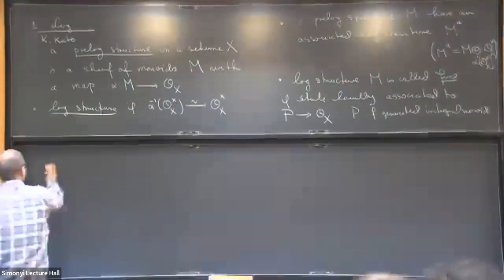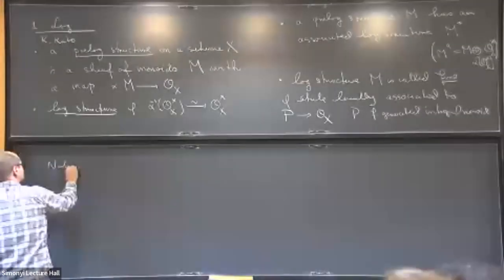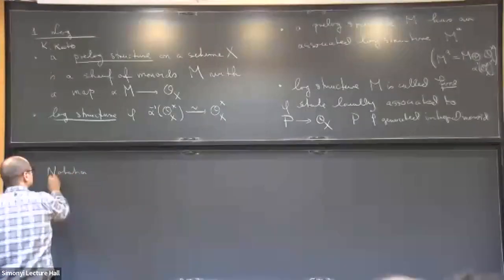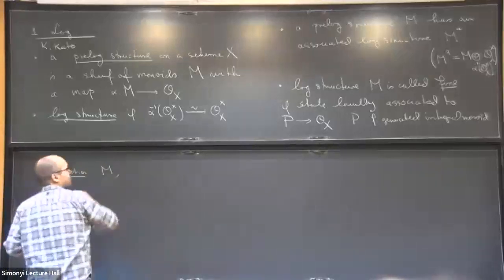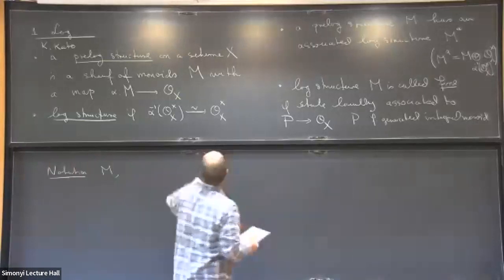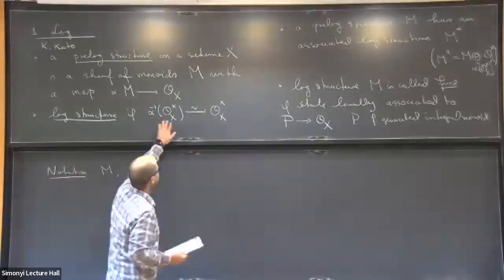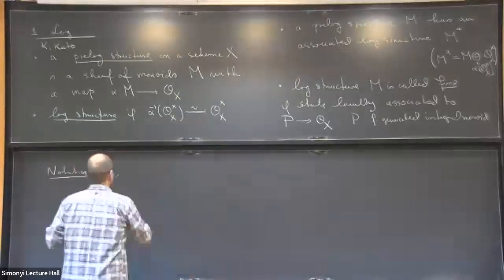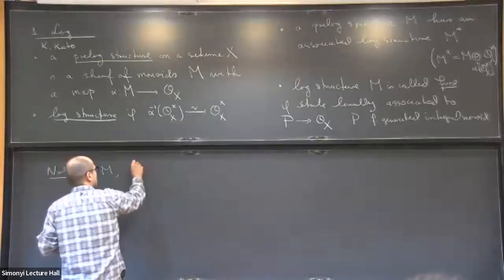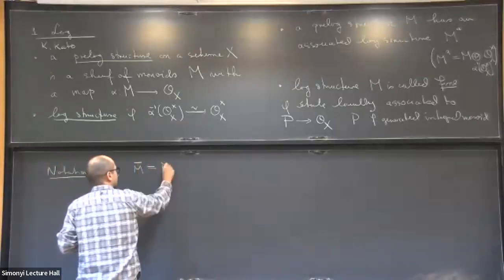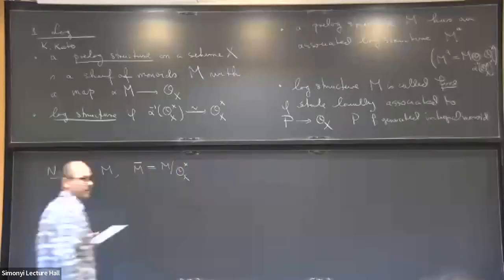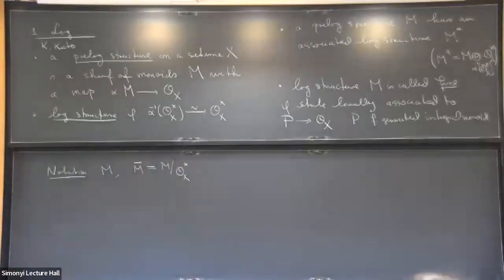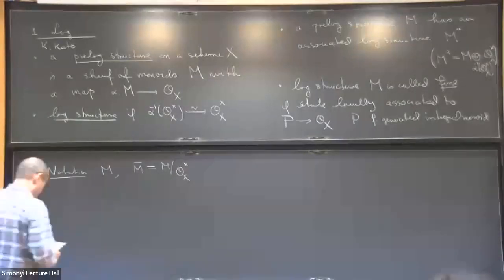A bit of notation. If you have a log structure M, then you have the units sitting inside M by this isomorphism, and the quotient, that's a sheaf of monoids, is M bar.